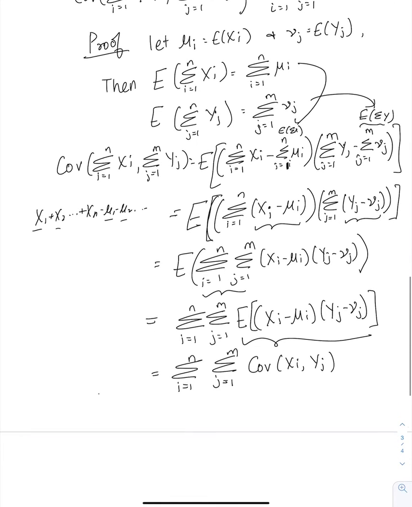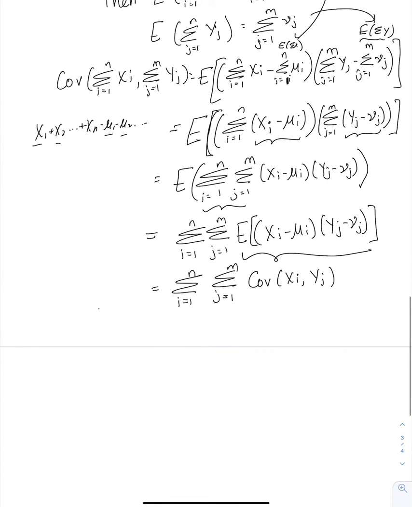And you can just apply this. If you have the covariance of summation xi and summation xi, then you know that that's just the variance. So for example, if you have the variance of the summation of xi's, that is just, like we've seen, the covariance of the summation xi with the summation xi.